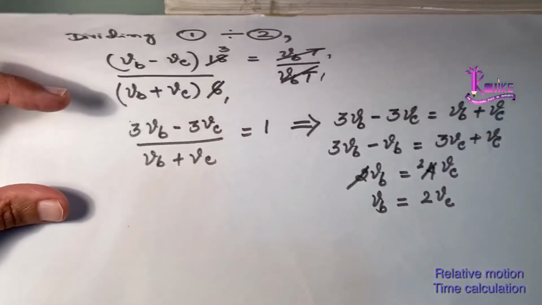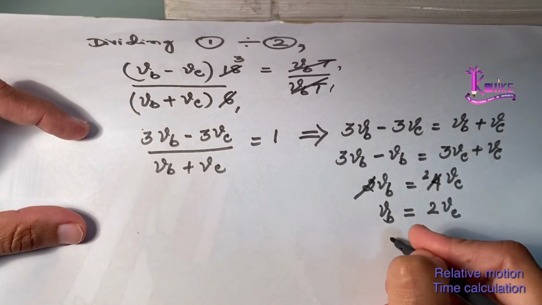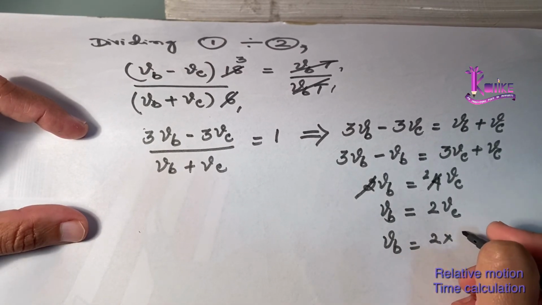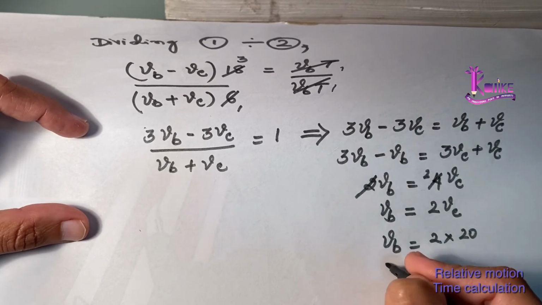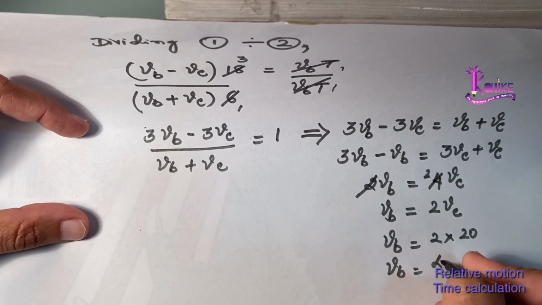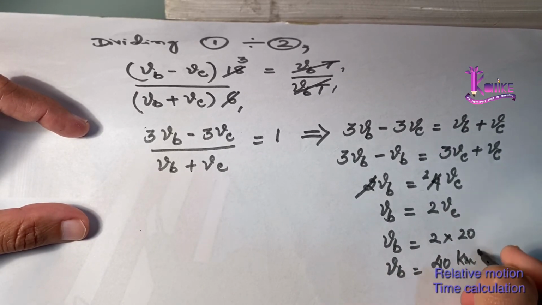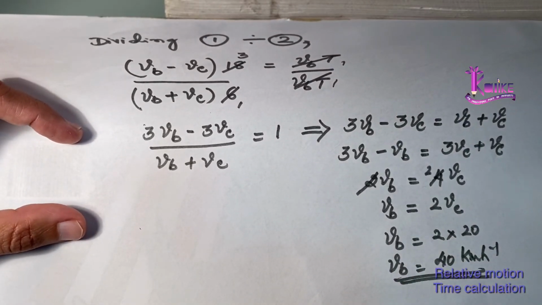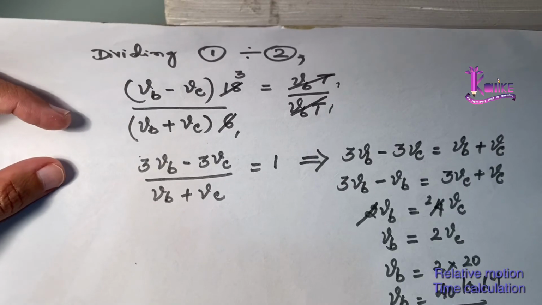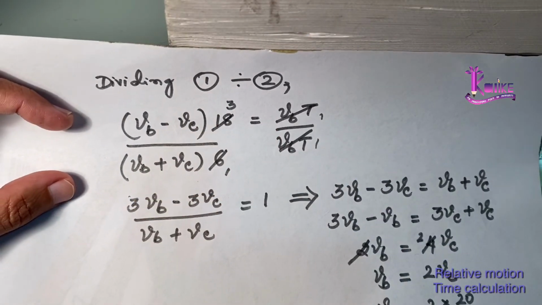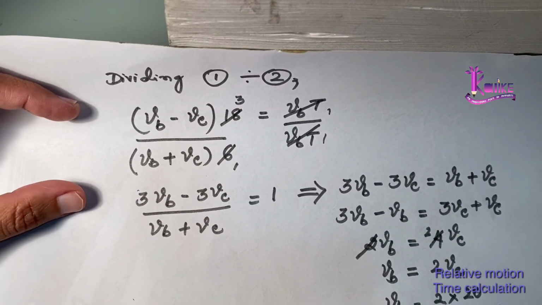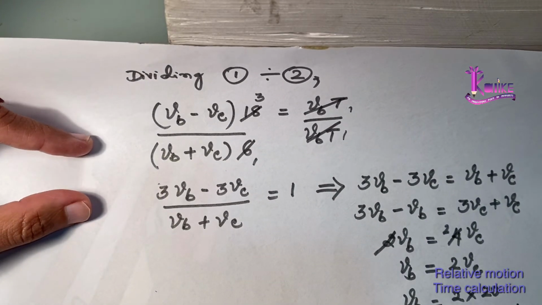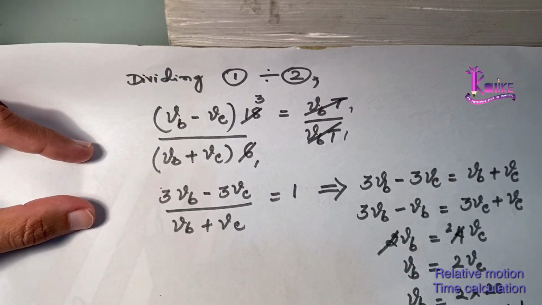Now is the velocity of the cyclist given in the numerical? Yes. We know that the velocity of the cyclist is 20 km per hour. So you just multiply this by 20 and you know that the velocity of the buses is 40 kilometers per hour. So we have already found out the velocity with which the buses are moving. Now using any of these equations, you can even find out the time that each bus is plying with.